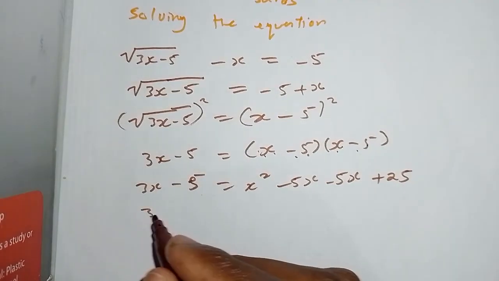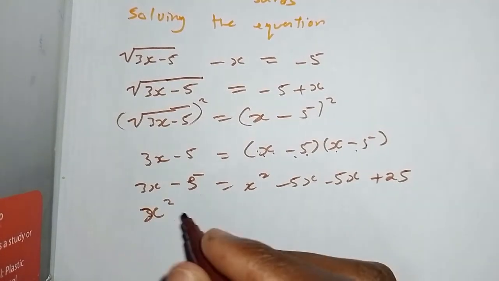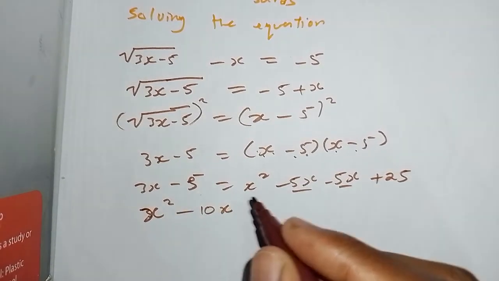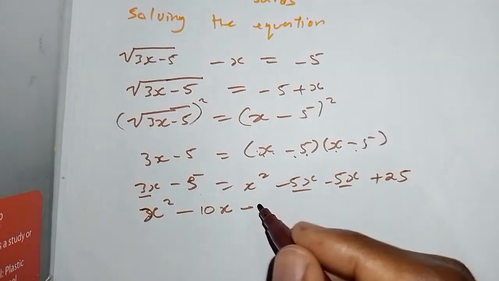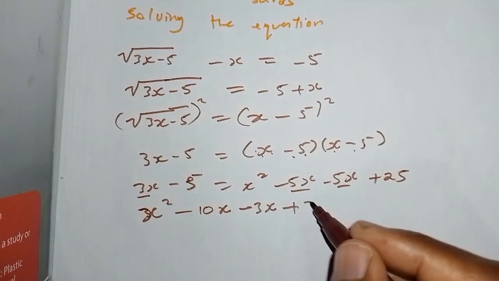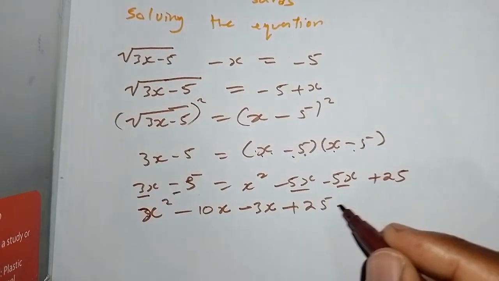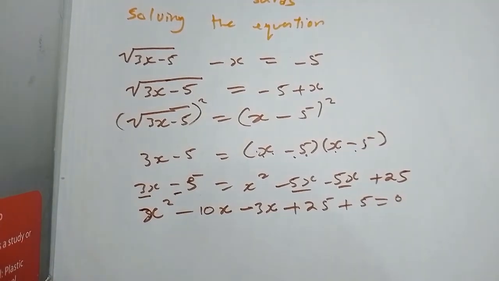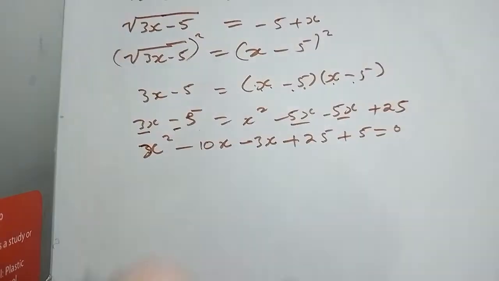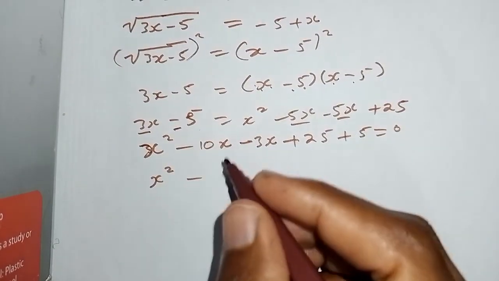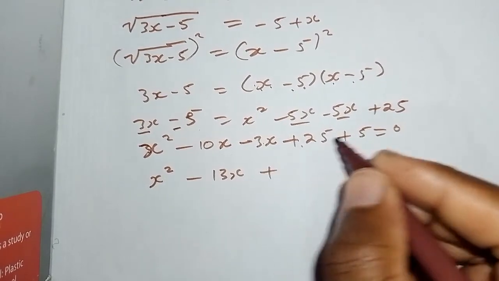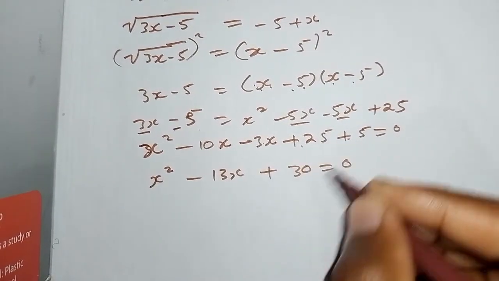Then I'm going to have x squared minus 10x, as like terms. Take 3x minus 5 to the other side: it's minus 3x plus 5. When it's negative, when it comes here it's going to be positive, all equals to 0. Then I'm going to have x squared minus 13x, plus 30 equals to 0.